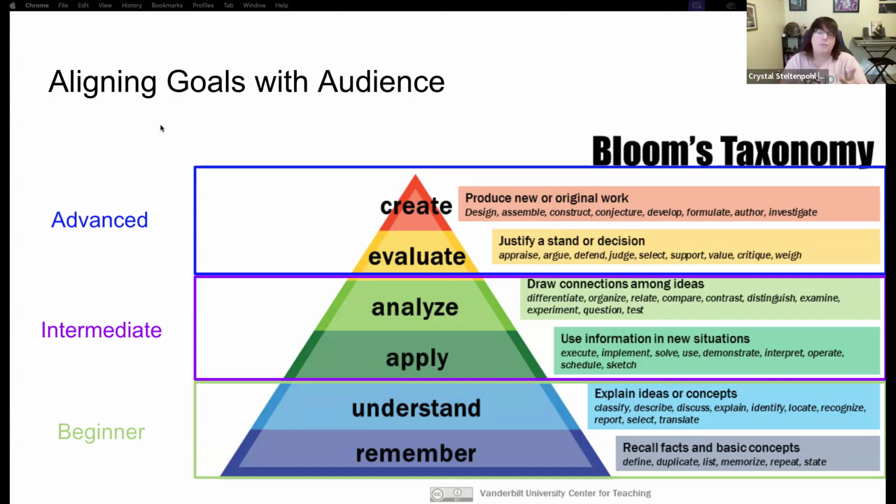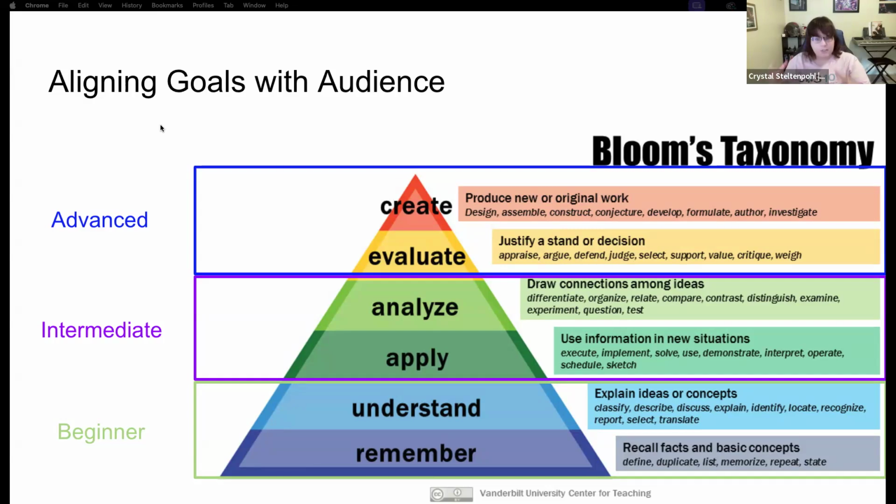You don't need them to know exactly what the wording is, but you need them to be able to find it, to know that there's a policy there and where to go to look it up, and to recognize that policy when they see it. So remembering is that base level of being able to recognize it when I see it. Moving up further implies a deeper understanding of the concept.